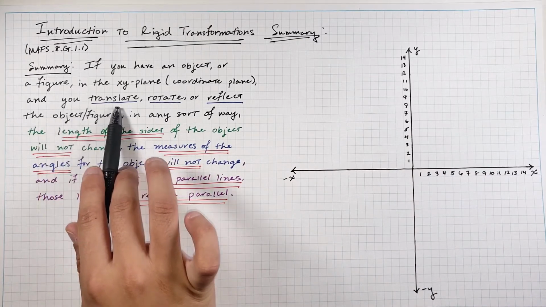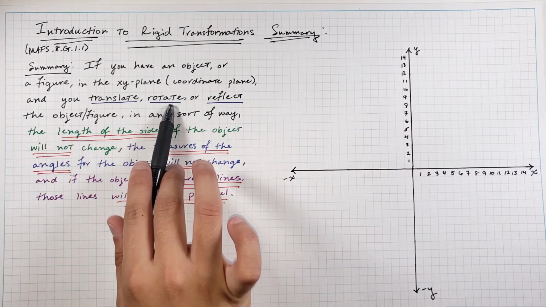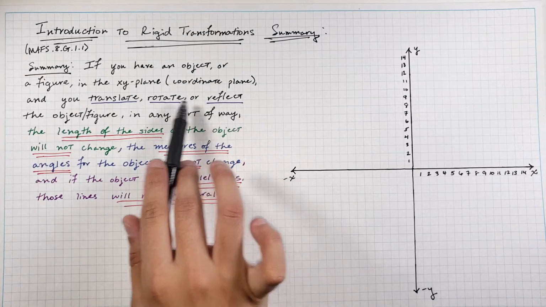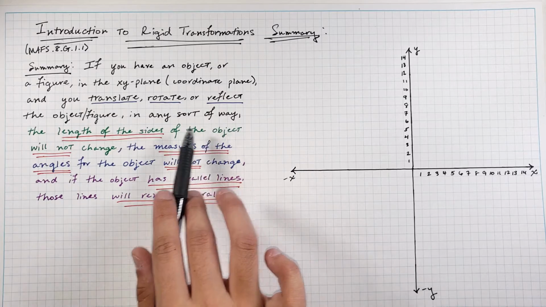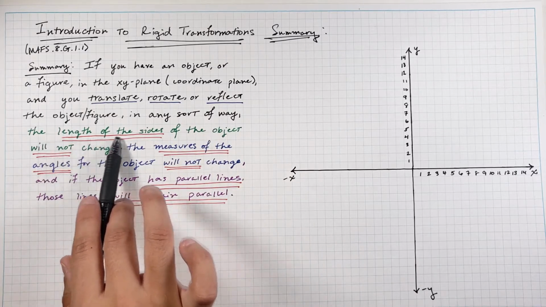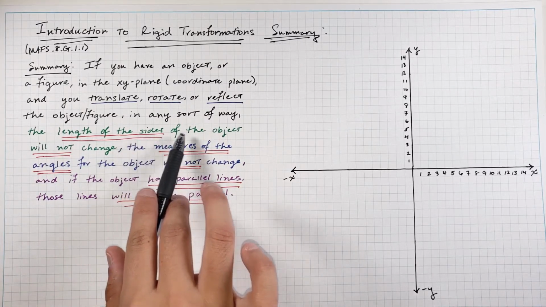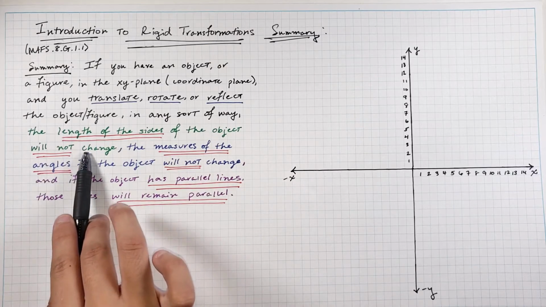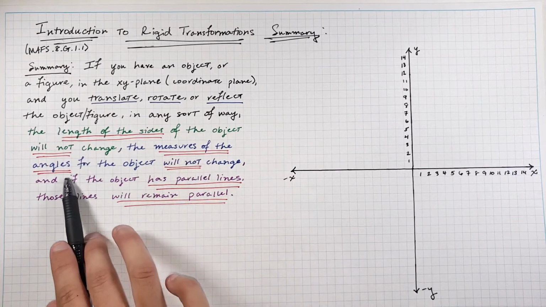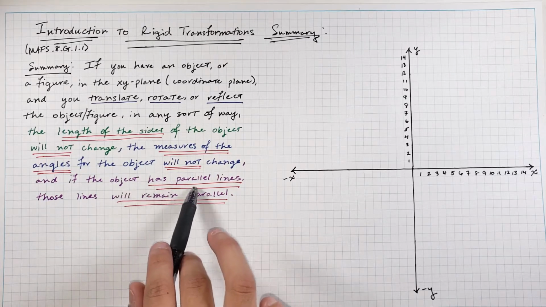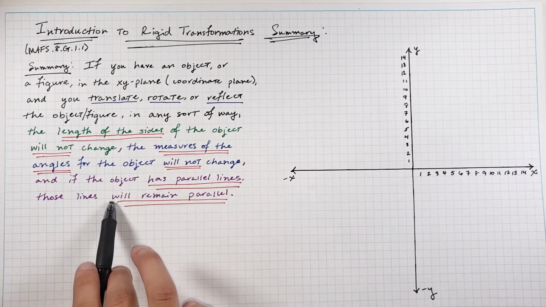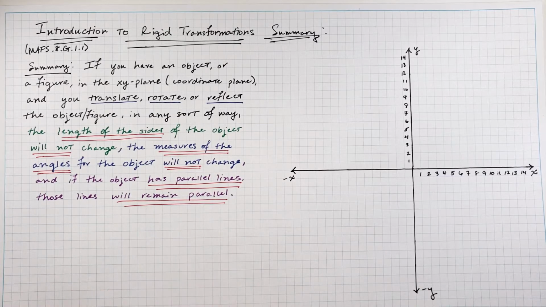And you translate, rotate, or reflect the object or figure in any sort of way, then the length of the sides of the object will not change. The measures of the angles for the object will not change. And if the object has parallel lines, those lines are going to stay parallel. All right? So let's look at this example.